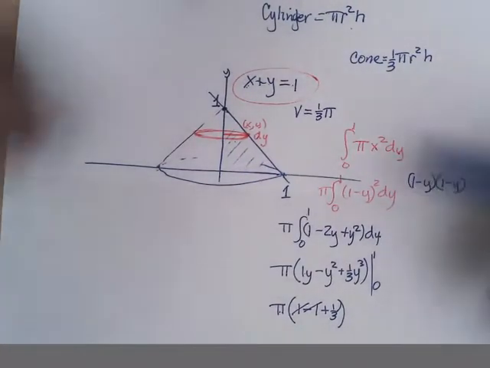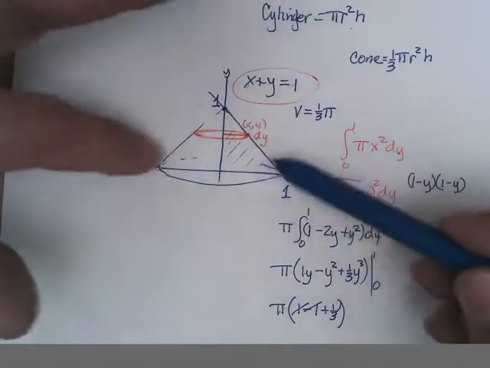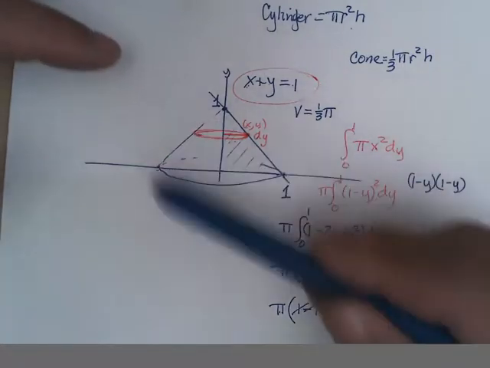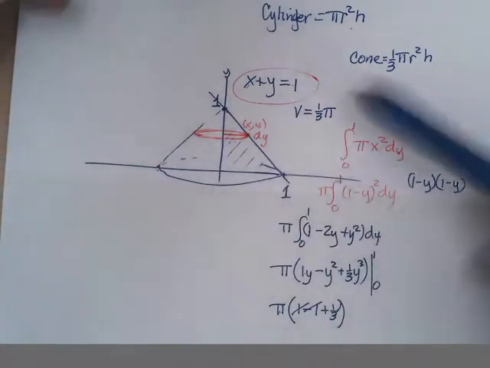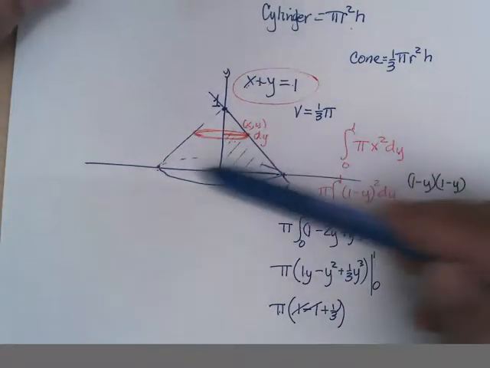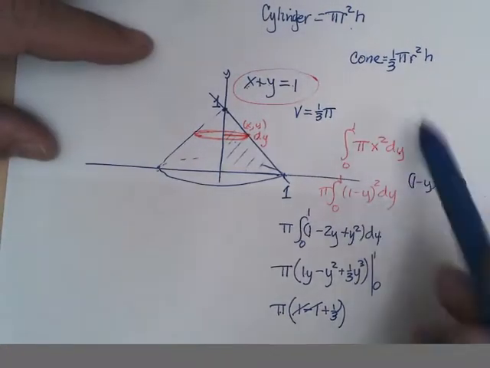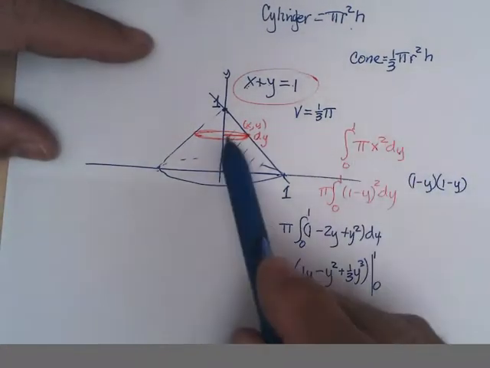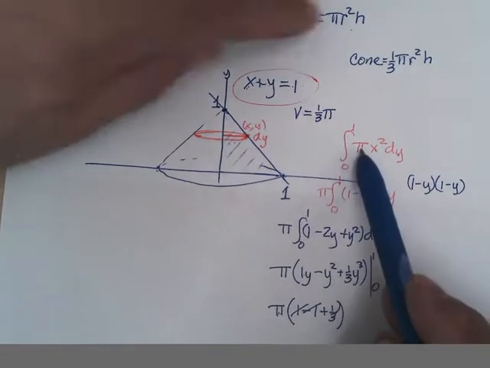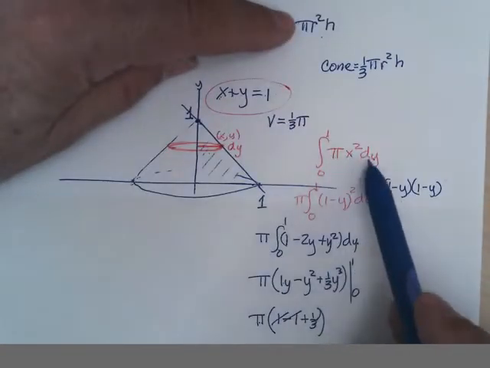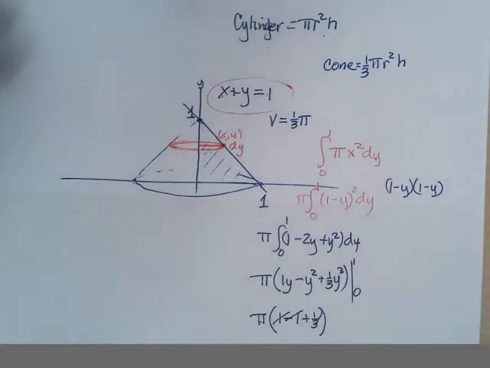So I'm able to find the volume of a solid from a rotation by slicing the solid into disks and using the idea that the volume of a disk is like the volume of a cylinder, pi r squared times the height.